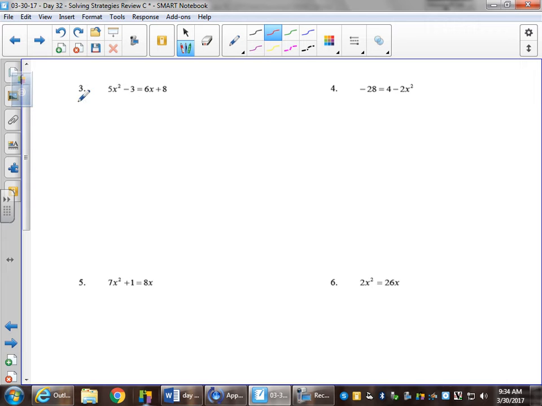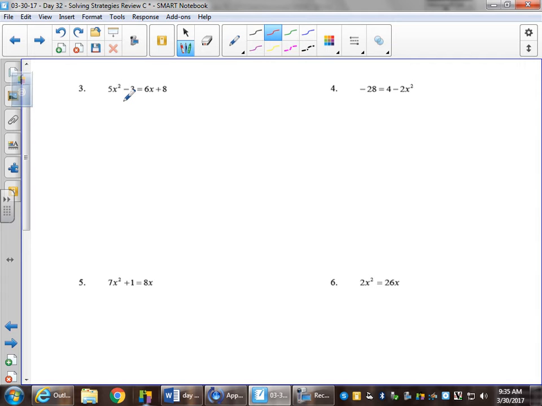I'm just going to ask one question every time you get the ball. Davian, which method would you guess we are going to use to solve? What's your first thought? Do we have a B term?